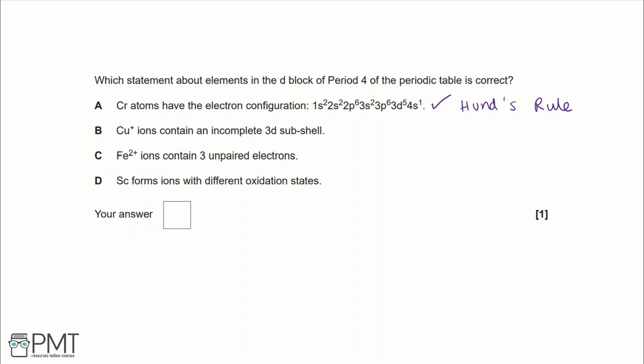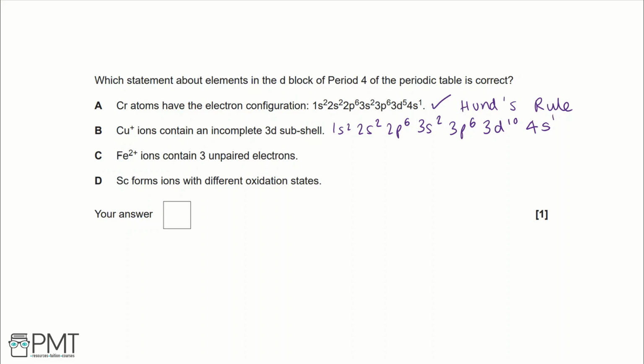Then looking at B, copper plus ions contain an incomplete 3D subshell. So if we do the electron configuration of copper first, that's going to be 1s2, 2s2, 2p6, 3s2, 3p6, 3d10, and 4s1.